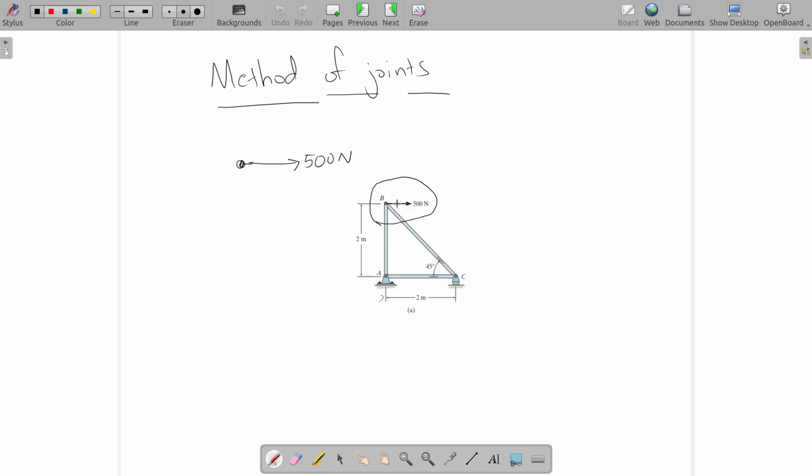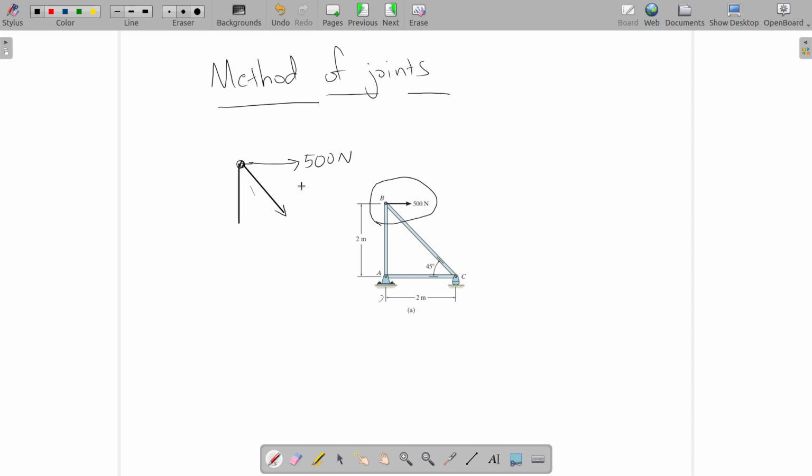So the direction of force in the member will always be parallel to the orientation of the member. So from the member CB, you can only have forces in this direction, right? This direction means the direction of BC. It can be compressive or tensile. So it can be in this direction or this direction.